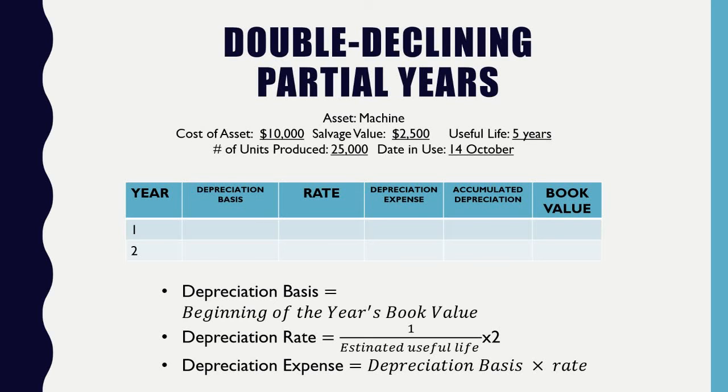So we're going to take the 1, divide that by 5, and divide that number by 3 to give us the 3 months, times 2. Okay, you can technically do that, but it will be much easier if you just divide that 3 by for the depreciation expense.